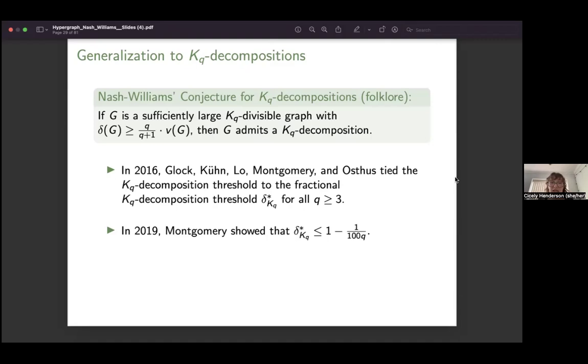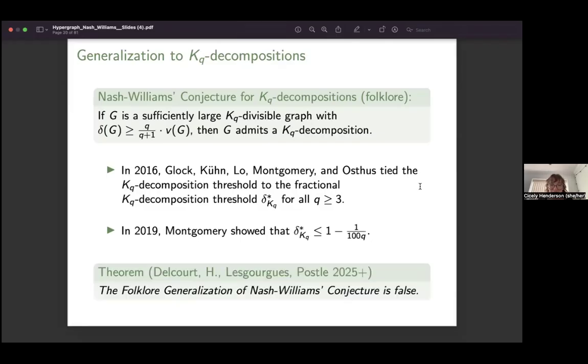And in 2019, Montgomery gave a bound on this fractional threshold and showed that it was at most 1 minus 1 over 100 Q. So not quite Q plus 1, but it seems like the beginning of getting the ball rolling to maybe show some incremental progress to hopefully finally prove this result, just like with the Nash-Williams conjecture.